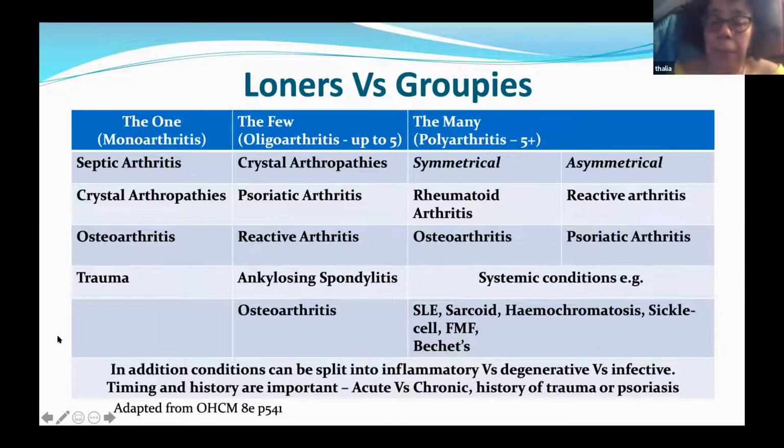This GP made separations according to how he realized things are working. So he has divided the people and the diseases as loners and groupies. He put down the monoarthritis in a list with septic arthritis, crystal arthropathy, osteoarthritis, trauma-related arthritis.